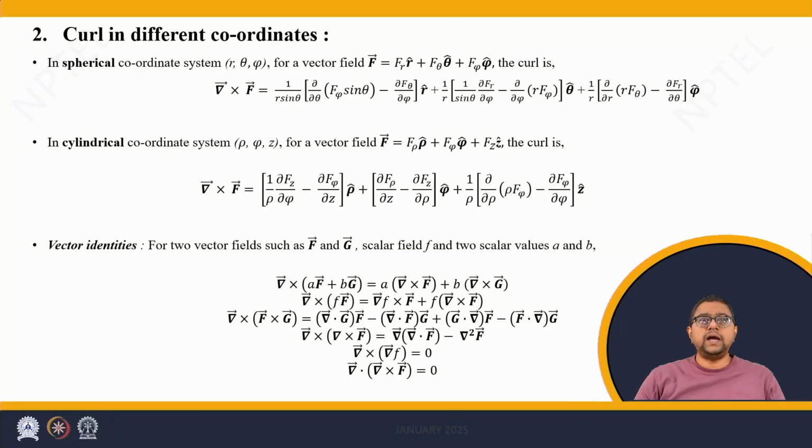Next, we look at the expression for curl in different coordinate systems as relevant for geophysical application. In the spherical coordinate system having the r, theta and phi coordinates, the curl is given as this expression. Note that the coefficients are not constant.